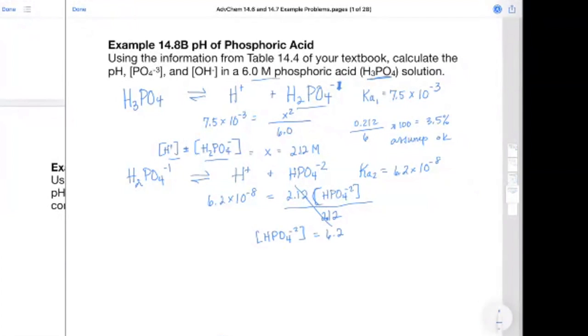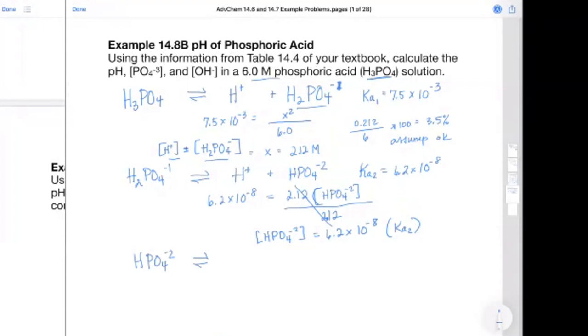That cancels out. So the HPO4 concentration is 6.2 times 10 to the negative 8, which is again equal to its equilibrium constant.